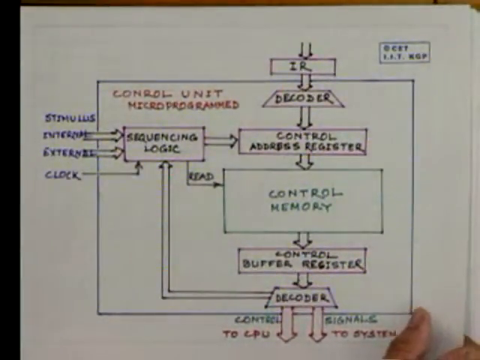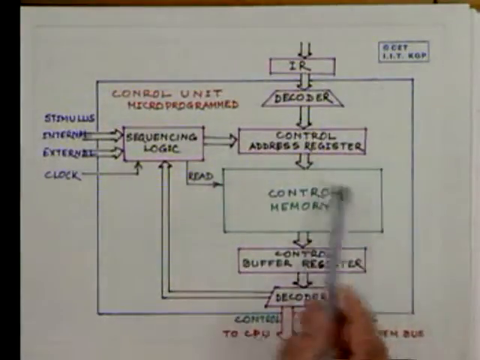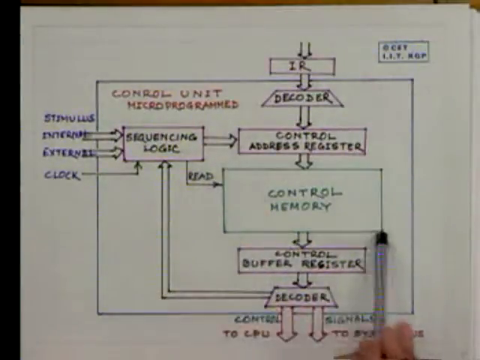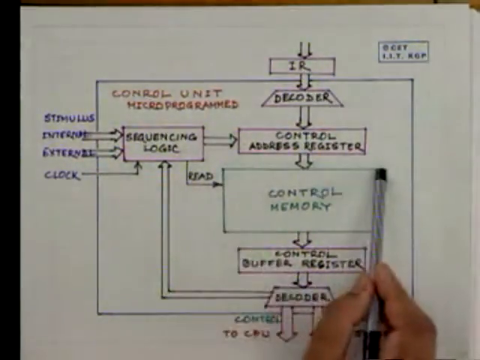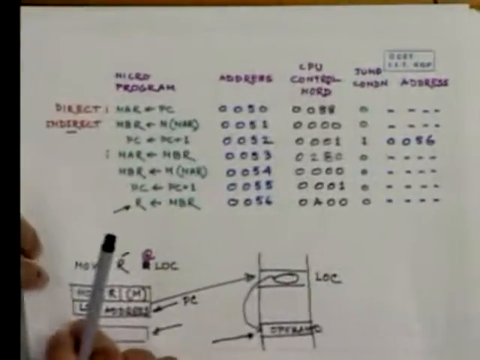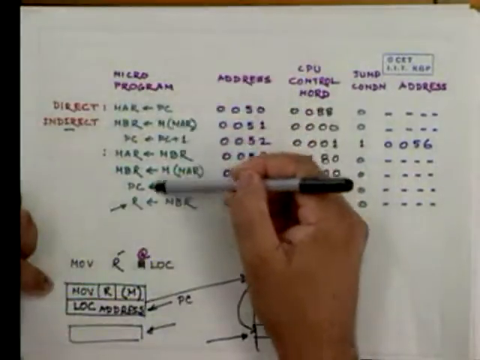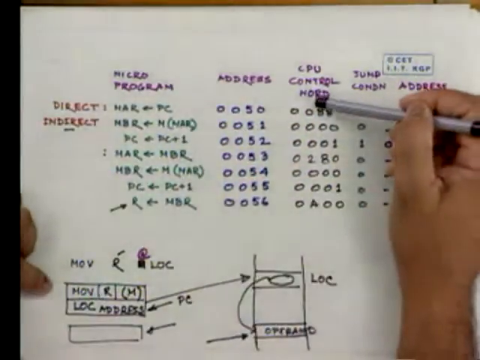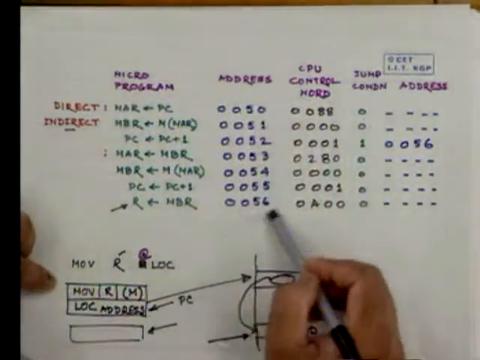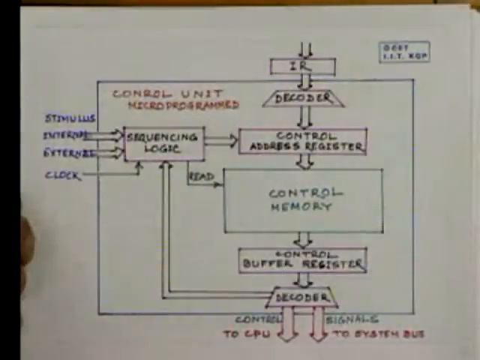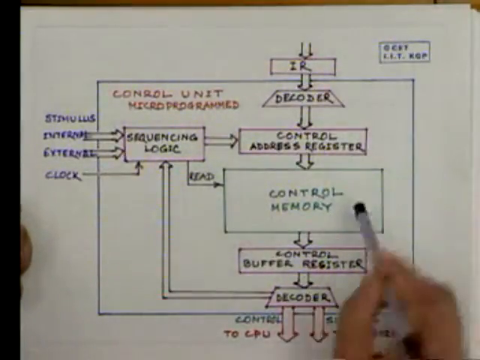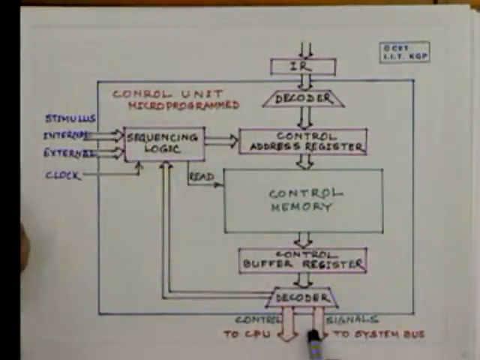Now, this is a model that can be very methodically designed from these microprograms as we need, then write the control code, then choose the address space, and then load the control memory with these control words to have a control unit like this.